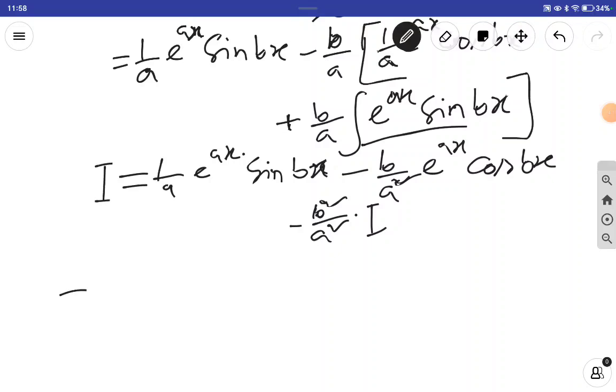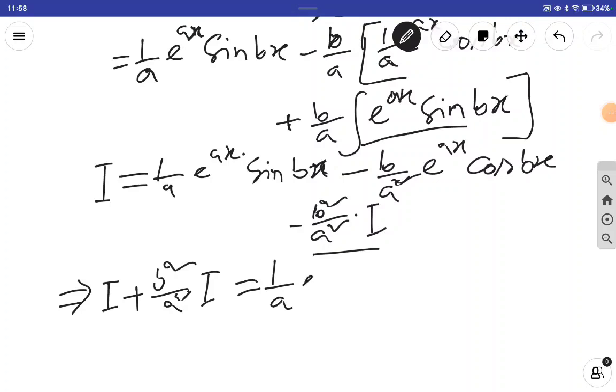Now if I take this part to our left side, I plus b square divided by a square into I equals 1 divided by a e to the power ax sin bx minus b divided by a square e to the power ax cos bx.